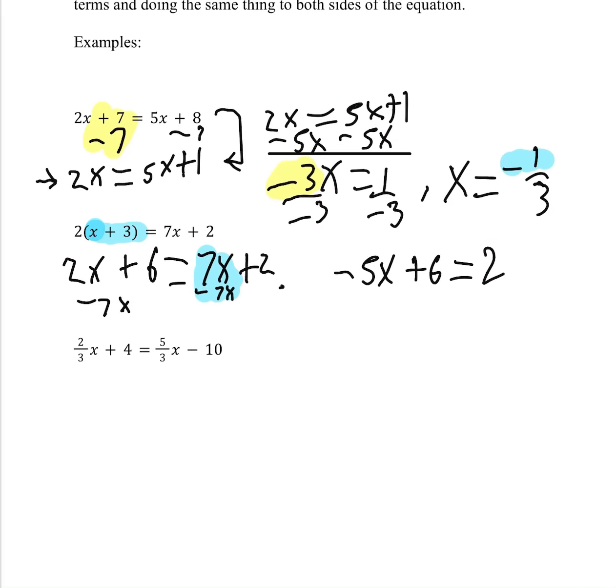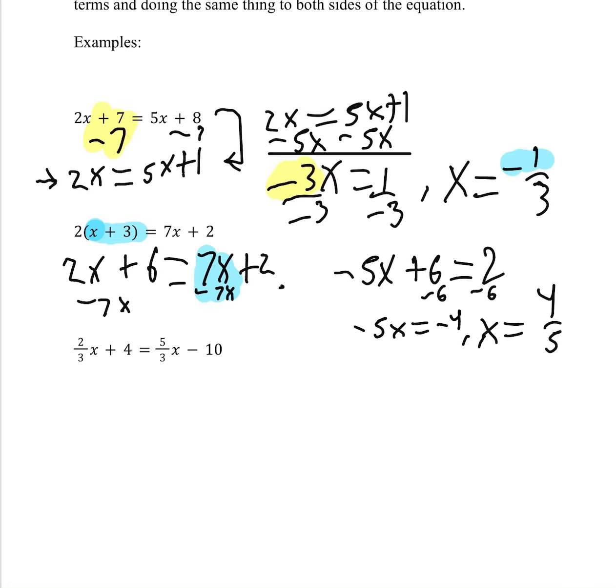So 2. And then we can subtract both sides by 6, get negative 5x equals negative 4. And then we divide both sides by negative 5 because we're undoing the multiplication of x. So x equals 4 over 5, and then that's the answer.